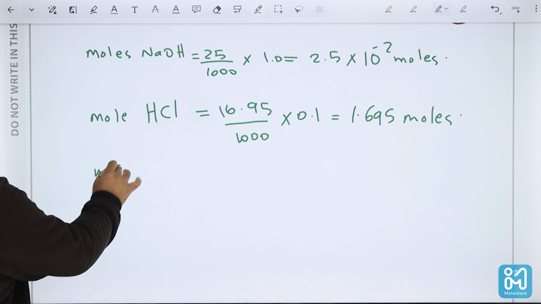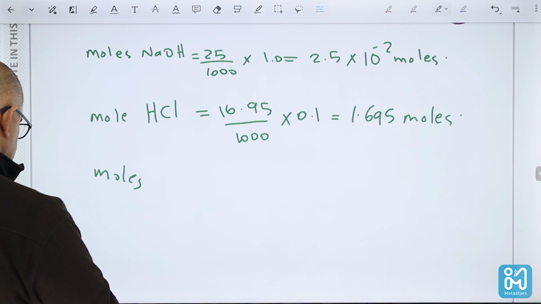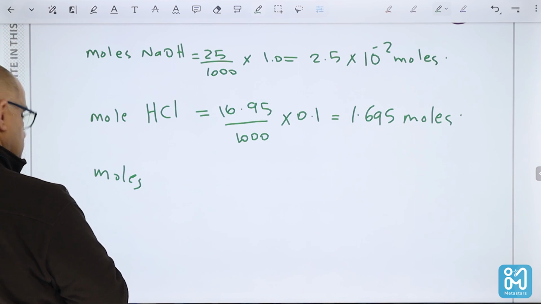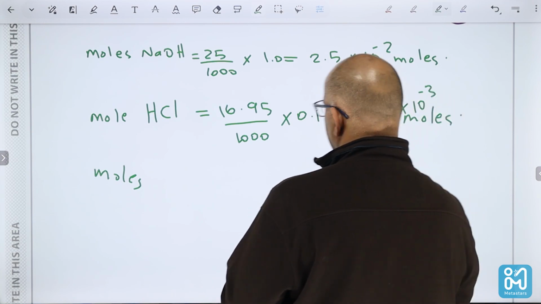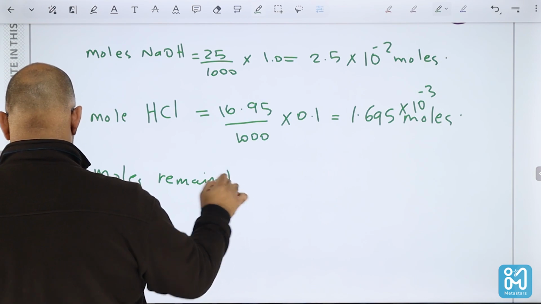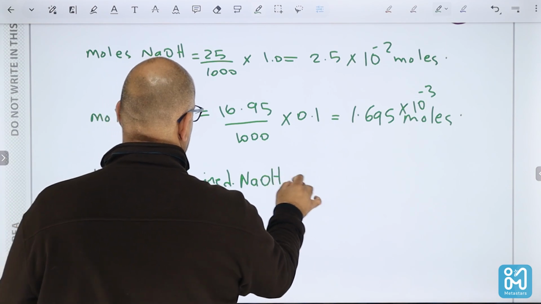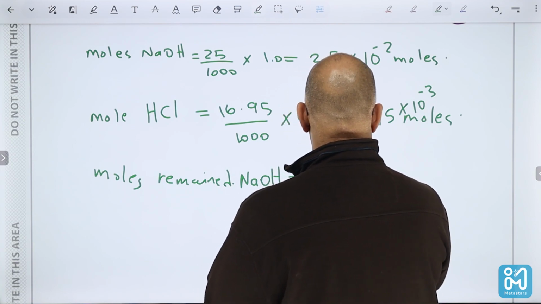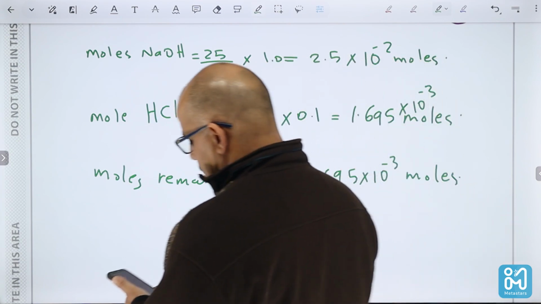The moles of NaOH remaining after titration is 1.695 times 10 to the power negative 3 moles, because it's a back titration.